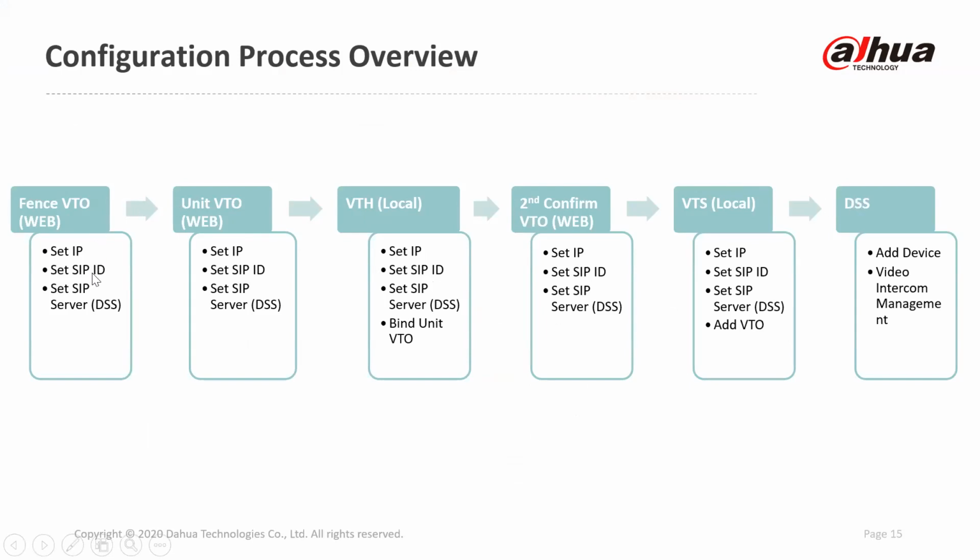Set IP, set SIP ID, set SIP server DSS. Also you can see we have second confirmation VTO web, VTS: set IP, set SIP server DSS, add VTO, add device, video intercom management.